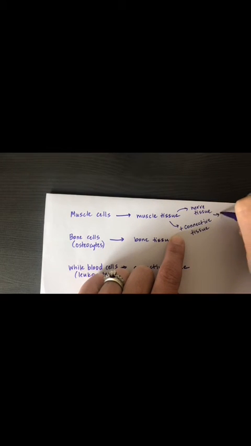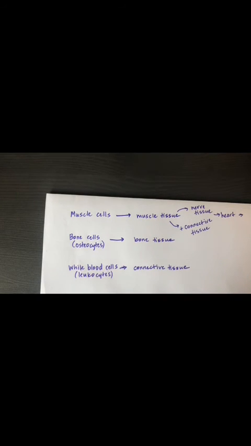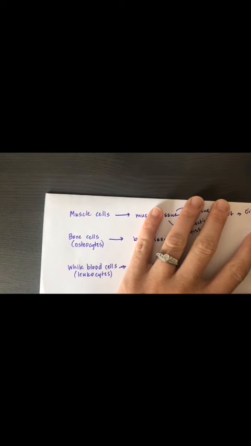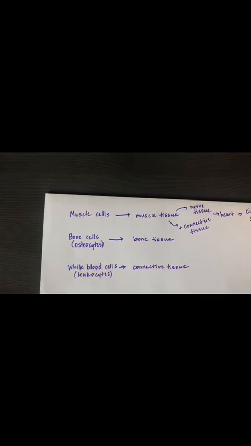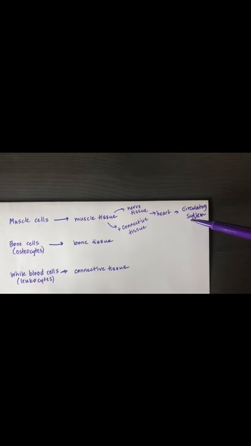We can get an organ, which could be your heart. And then your heart could be part of a whole system, which would be, right, your circulatory system. So we could take your heart and combine it into a system called your circulatory system.